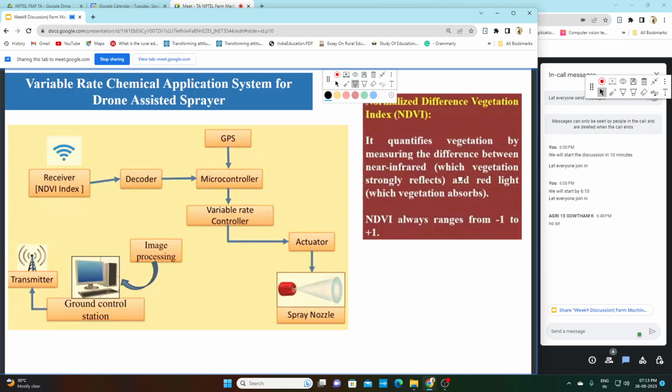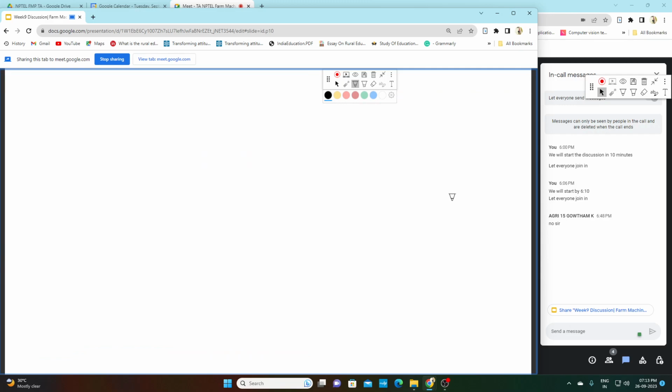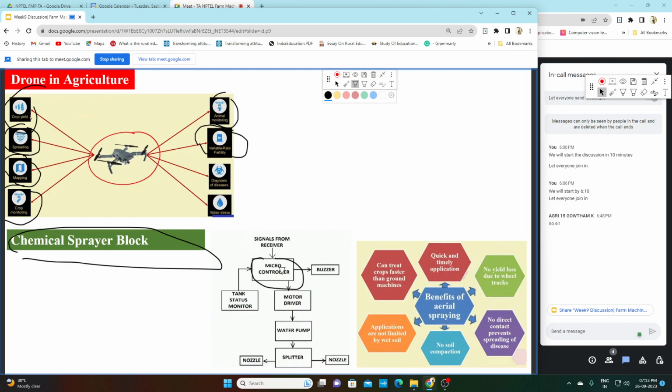If your data is more than the threshold value, then only your motor driver will operate, and your pump will operate, and your nozzle will operate. Otherwise, if the value is less than the threshold value, then your pump will not operate, and by that we can do variable rate spraying.